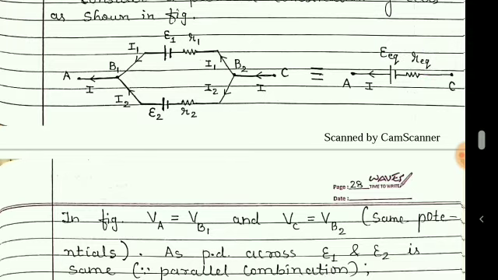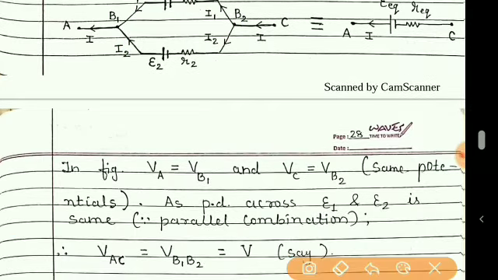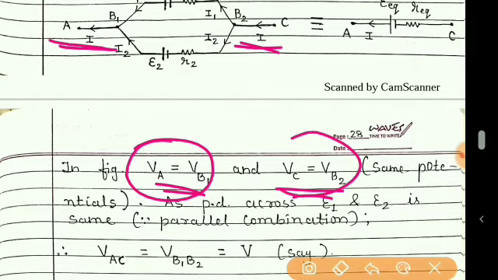Once again, the potential between these two points will be the same across this cell as well as across this cell. We know that whenever components are connected in parallel, voltage remains the same. Voltage means potential difference remains the same. So here I have mentioned that VA is equal to VB1 as well as VC is equal to VB2. Here VB1 and here VB2.